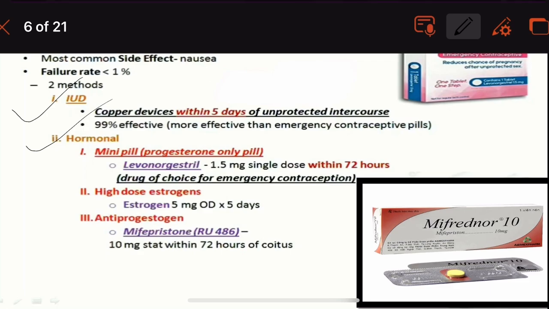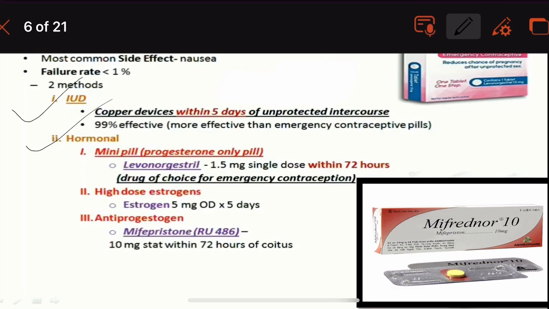In India, levonorgestrel 1.5 mg is used within 72 hours. The drug of choice for emergency contraception is levonorgestrel 1.5 mg. Then the high doses of estrogen, that is 5 mg OD for 5 days. Anti-progestogen, that is mifepristone RU486 10 mg stat within 72 hours of coitus.